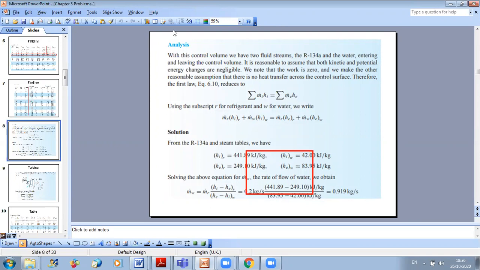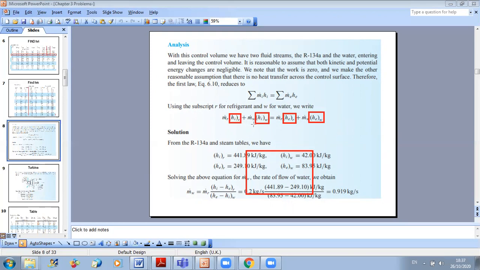So the whole idea to be able to solve this problem is to find the enthalpy of the refrigerant at the entrance, the enthalpy of the water at the entrance, and the enthalpies of water and refrigerant at the outlet. I need to determine these four numbers to be able to find m dot water.